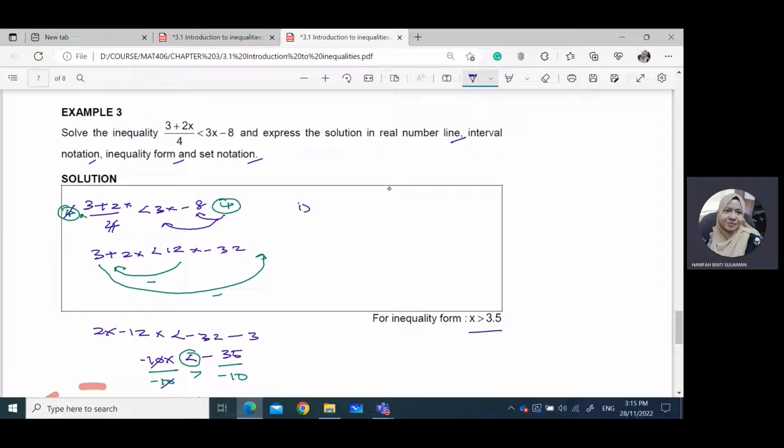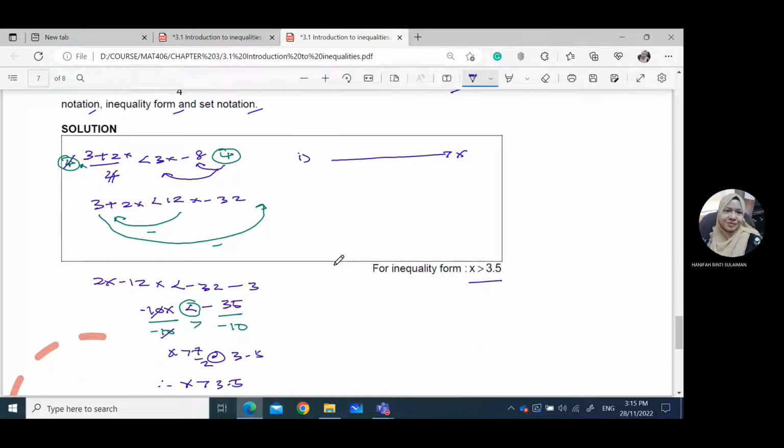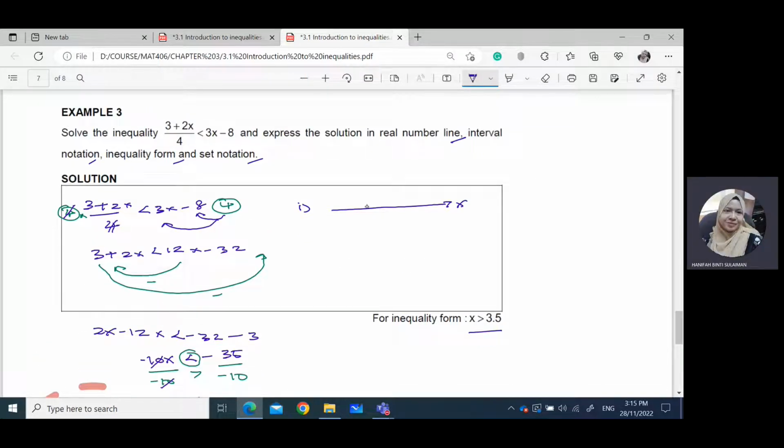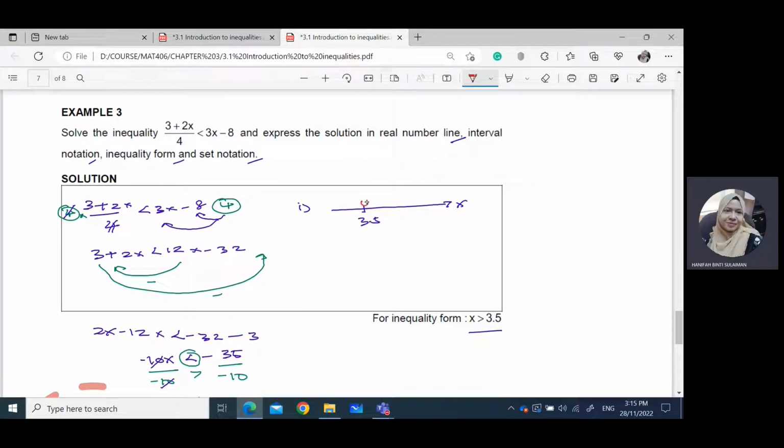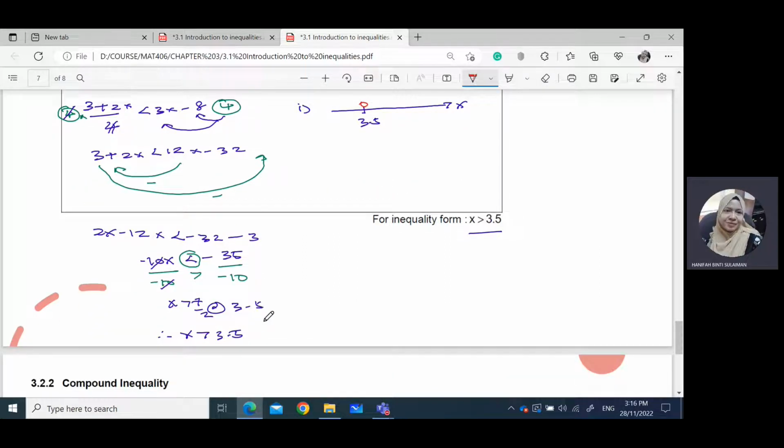Okay, so form it into a number line. So the first one is the number line. So we have this number line. So along this line are x values. So we have 3.5. Katakan kat sini 3.5. So x is greater than 3.5. So the point 3.5 is not included in the x values. Tidak termasuk nilai x sebab kita ada x greater than.